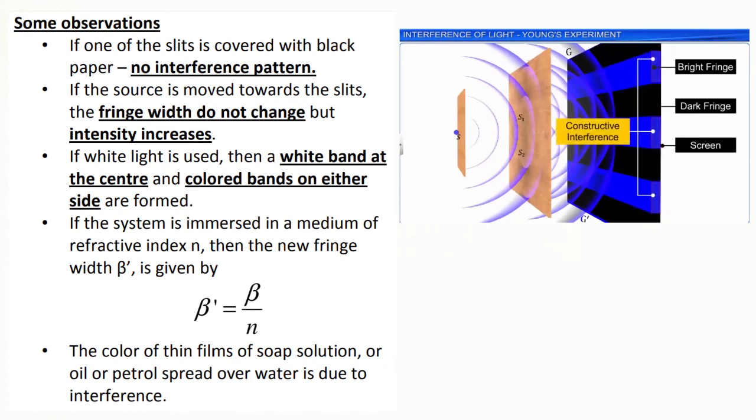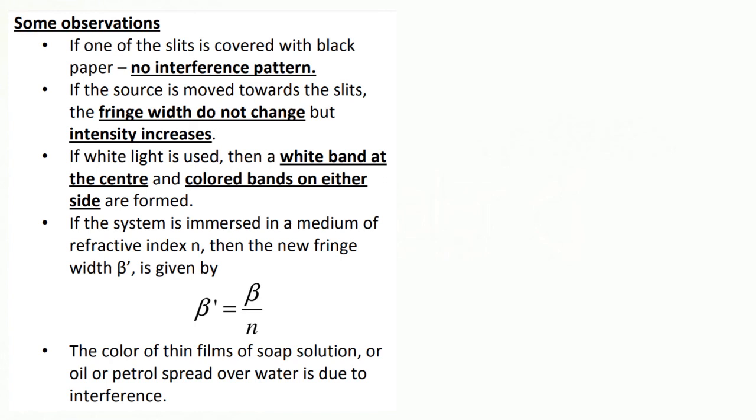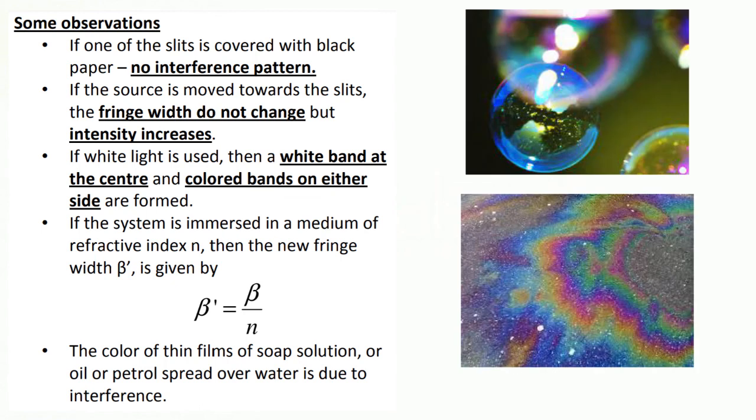If the system is immersed in a medium of refractive index n, then the new fringe width beta dash is equal to beta by n. The color of thin films of soap solution or oil or petrol spread over water is due to interference.